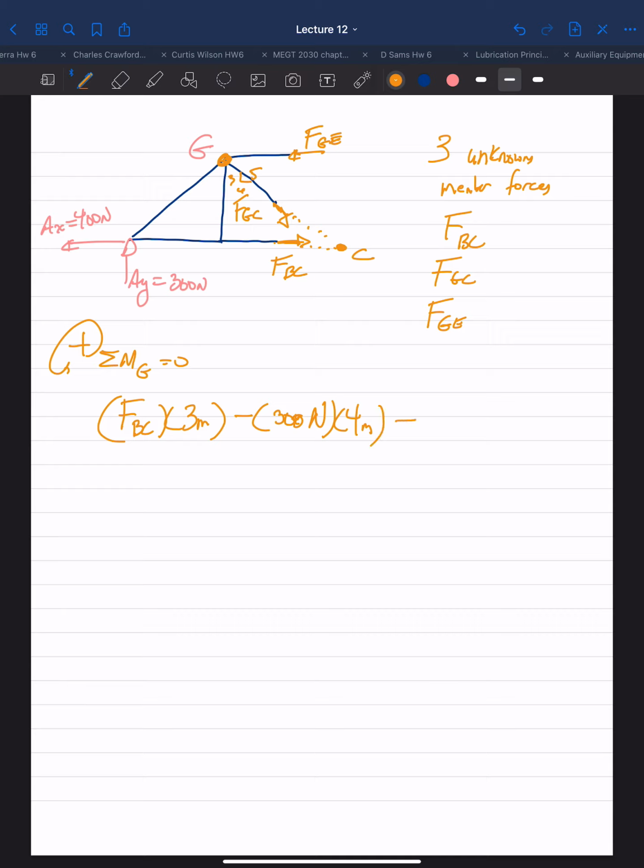And AX causes negative rotation as well, and the perpendicular distance there is 3 meters. So for FBC, it's in tension.